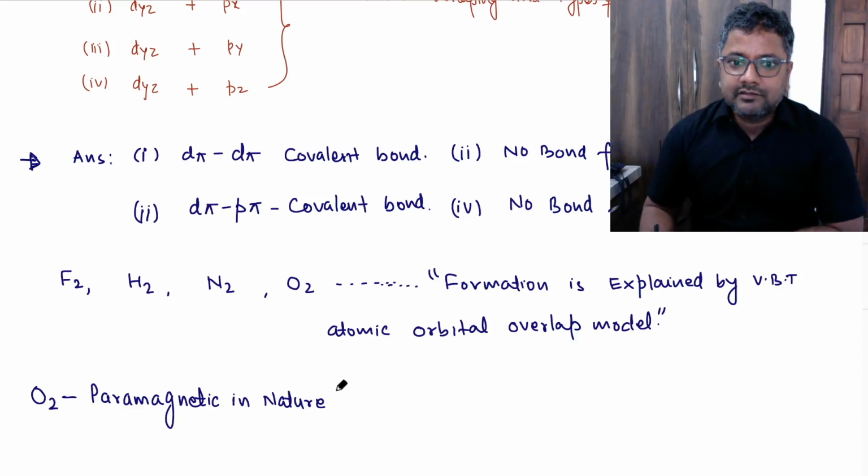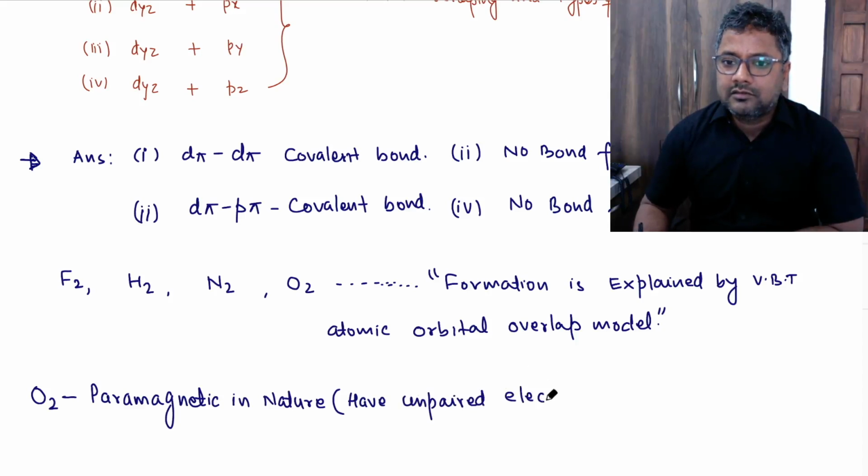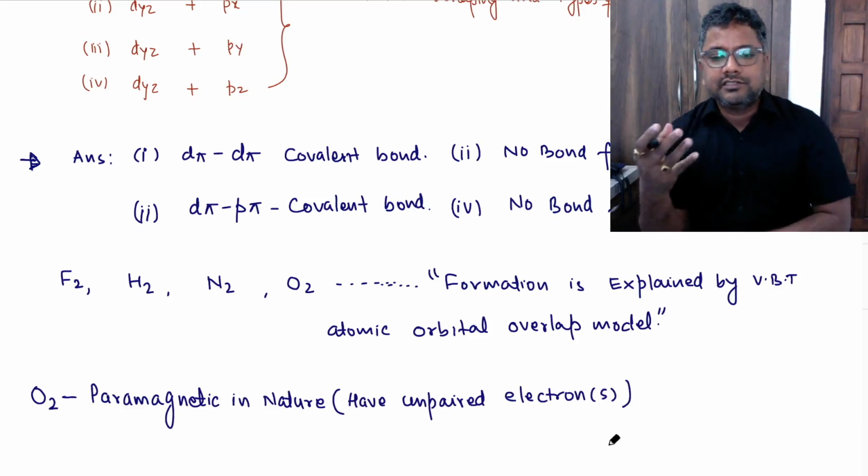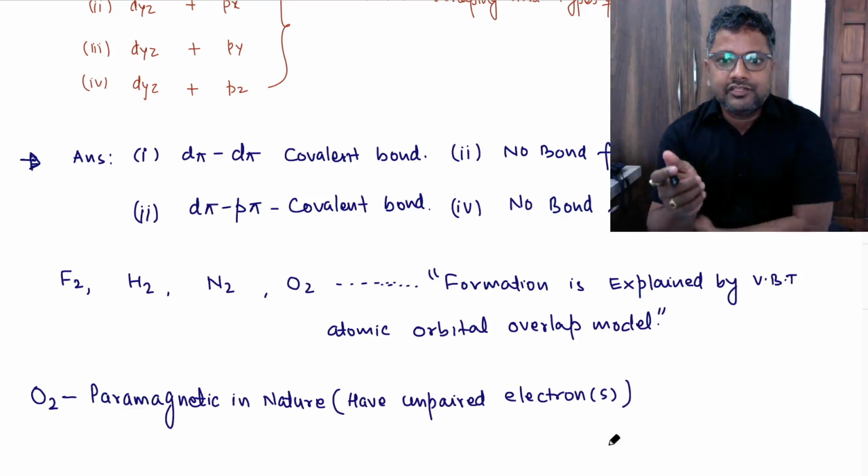Paramagnetic means having unpaired electron or electrons. Means the oxygen present around us is paramagnetic in nature.